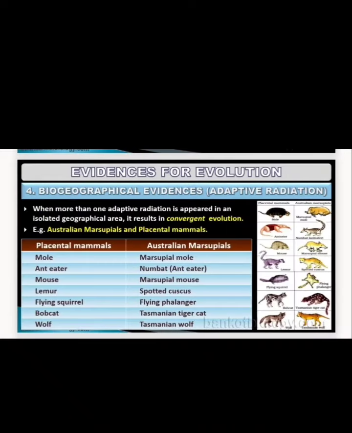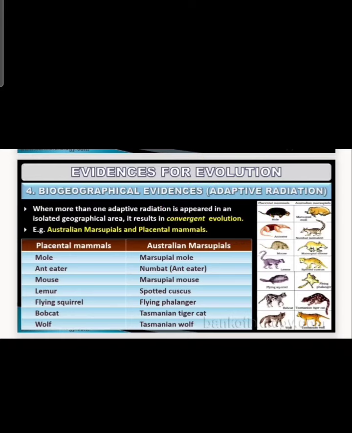Okay, so when more than one adaptive radiation appears in an isolated geographical area, obviously everybody will show the same function. All the adaptive radiations result in performing the same function by the organisms, leading to convergent evolution.